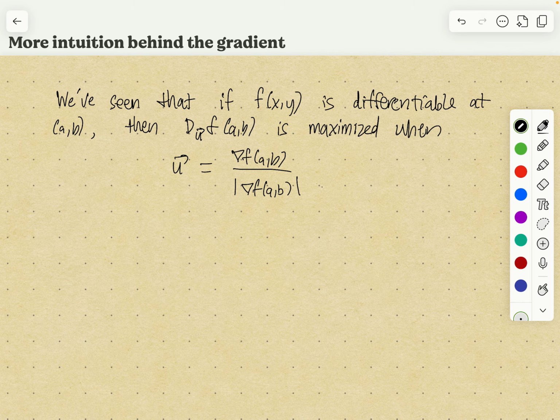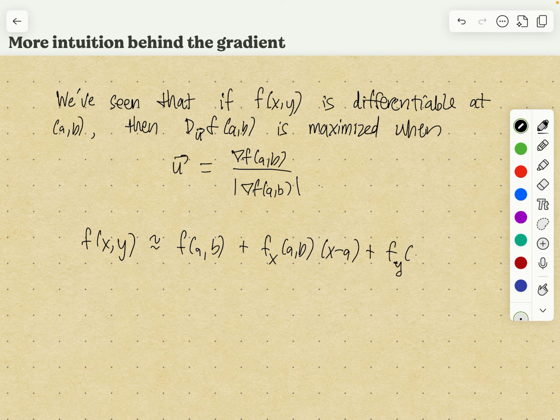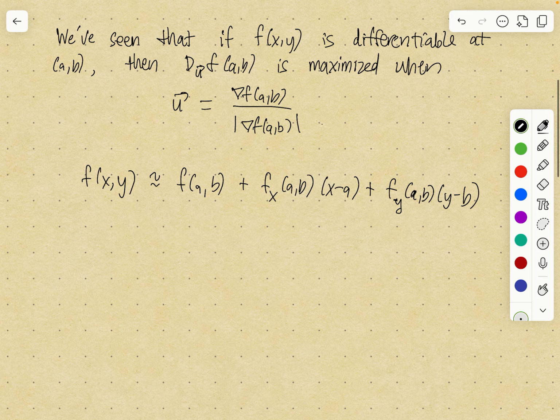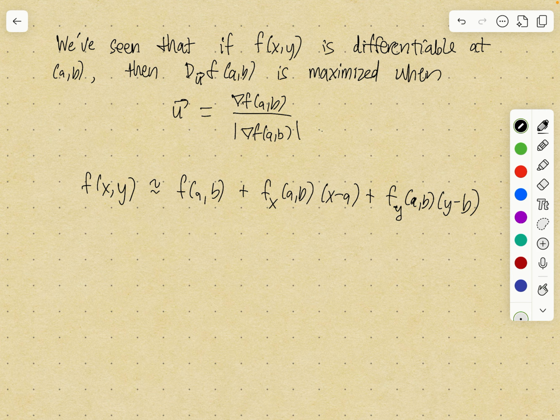So f of xy is approximately, at a comma b, f of ab plus partial f of x at ab times x minus a plus partial f of y at ab times y minus b. That's the idea behind f being differentiable.